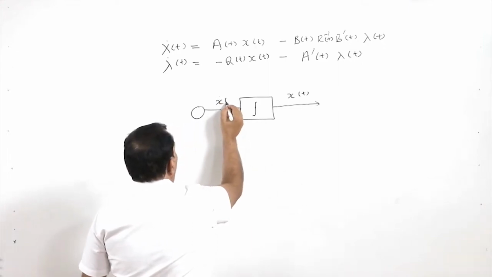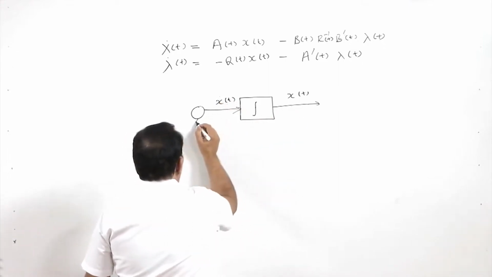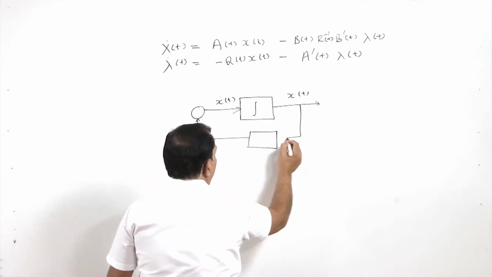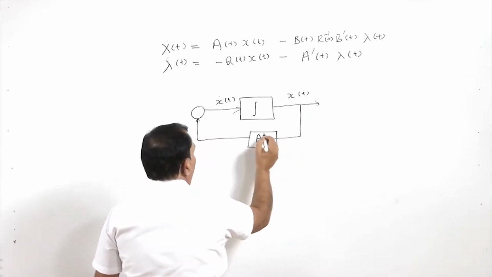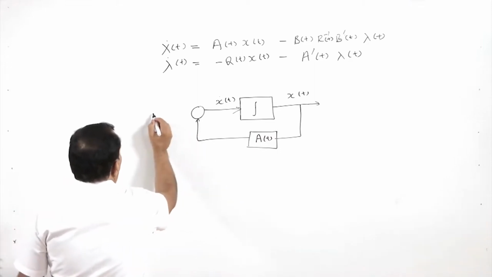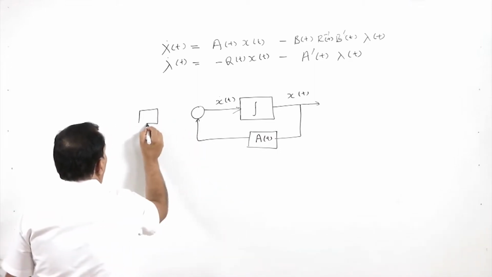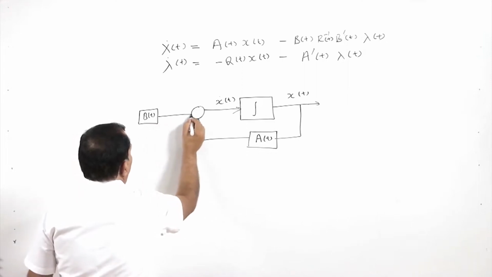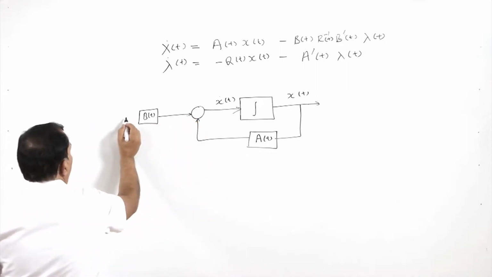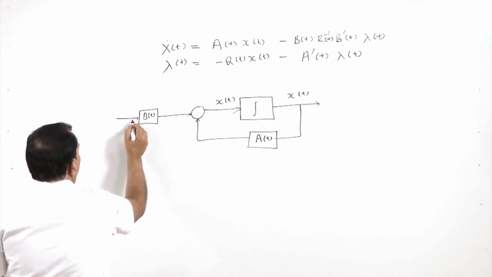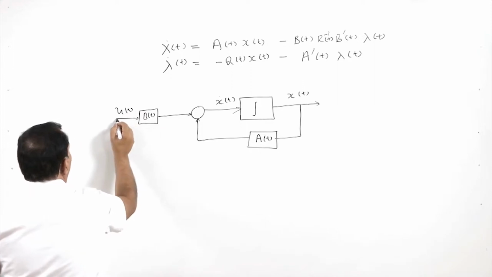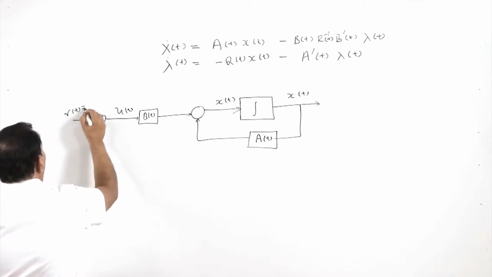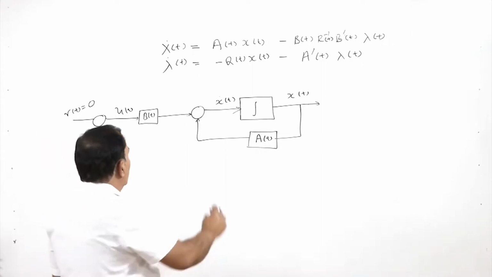So this will be my x dot of t, equal to A t x t plus B t, and this is nothing but my U t.